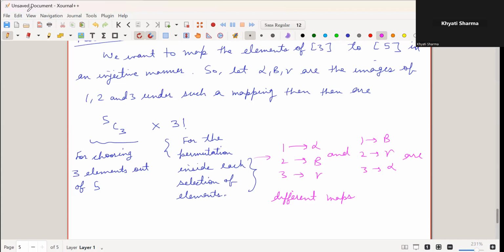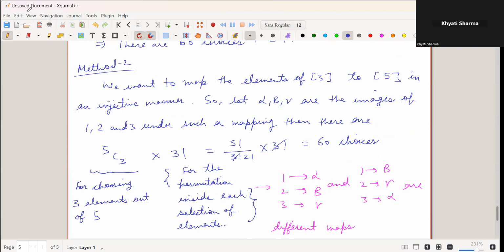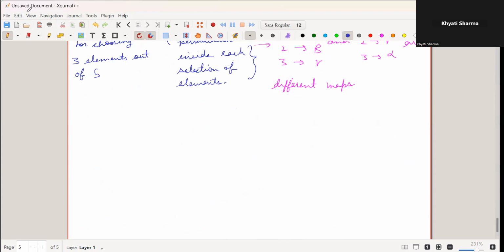So there are 5C3 into 3 factorial choices, and this is 10 into 6, so again you will see 60 come, right? In any of the methods you will get the same answer, because it's ultimately how you approach the problem. The answer is going to be the same. Okay.